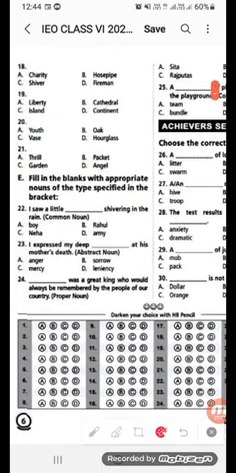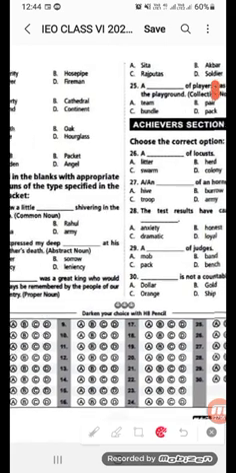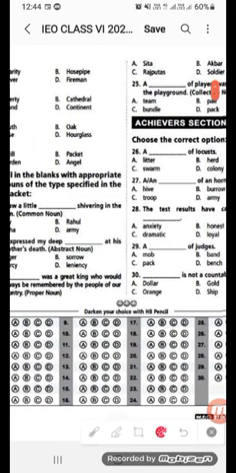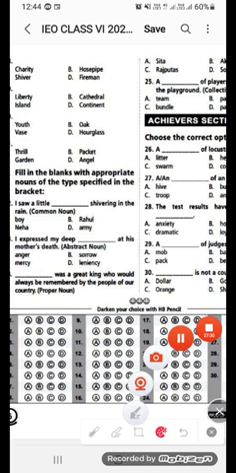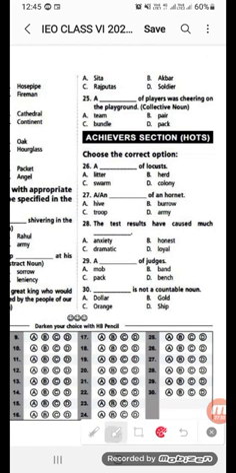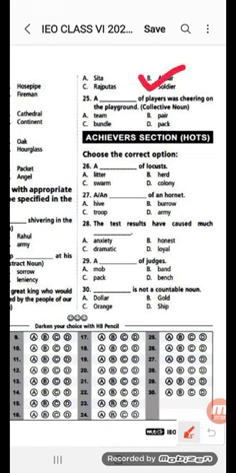So the correct answer will be Akbar, as we have to put the proper noun. Akbar was a great king. King means we are talking about a male person, so the name should be Akbar only, because Akbar was a great king who would always be remembered by the people of our country. So the correct answer will be Akbar.